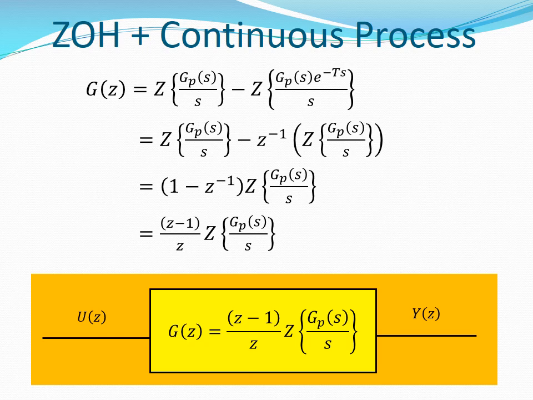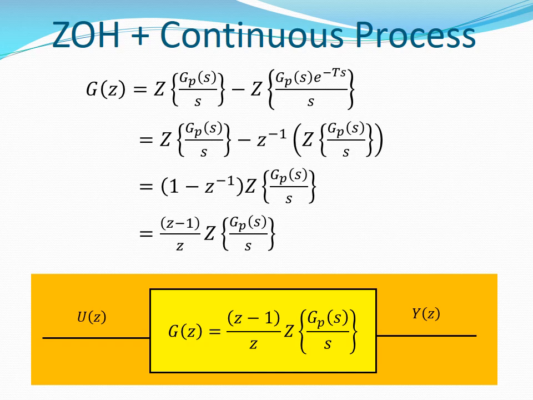Let's separate the term that contains an exponential from the term that does not contain an exponential. After that, let's find the Z transforms for the respective terms. And after that, let's factor out the common term in the results so that we obtain a compact expression.